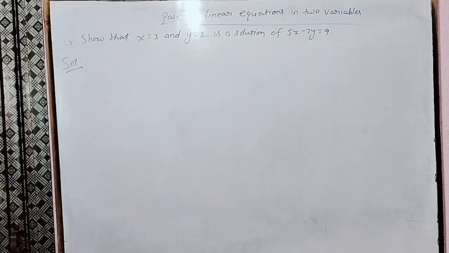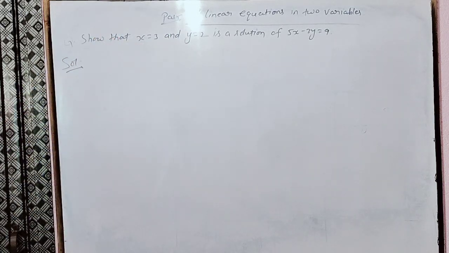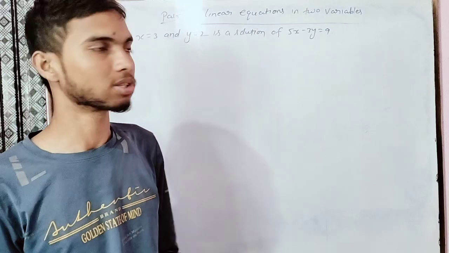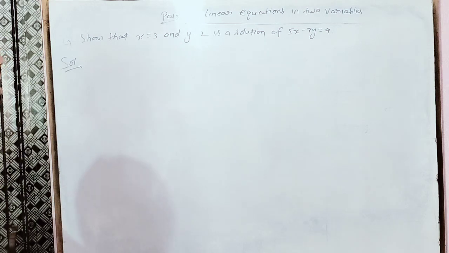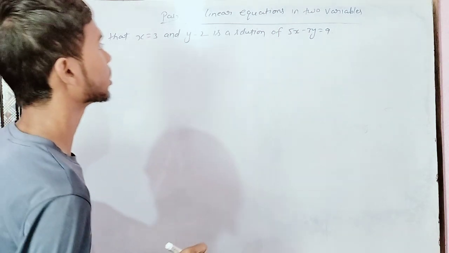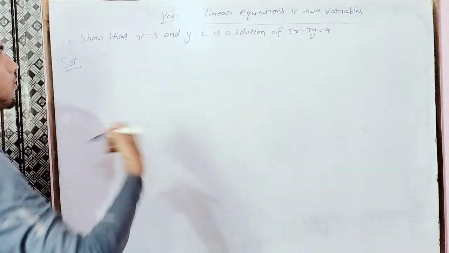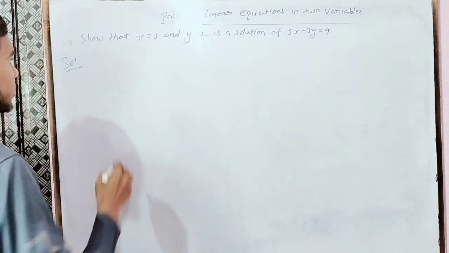After substituting, if LHS and RHS are not equal to each other, then we would say that this is not a solution for this linear equation. So after substituting this in this, we will find whether it is a solution or not.